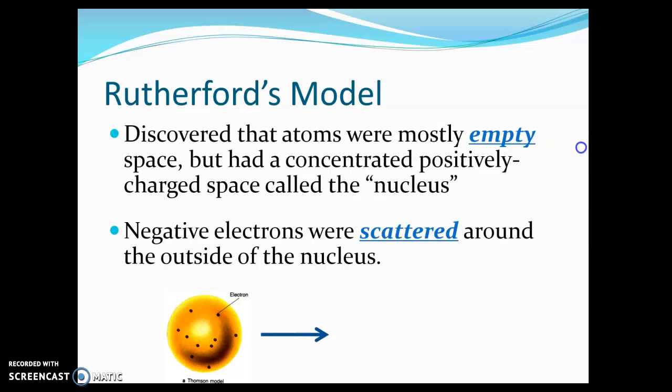His model discovered that atoms were mostly empty space, but had a concentrated positively charged space called a nucleus. So now we're moving away from the plum pudding and we're saying, oh, all the positive charges are centered together in one space. Negative electrons were scattered around the outside of the nucleus.